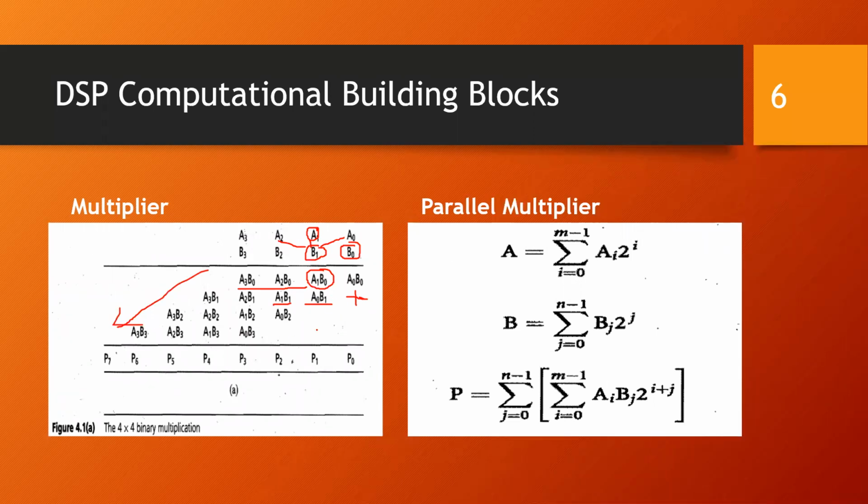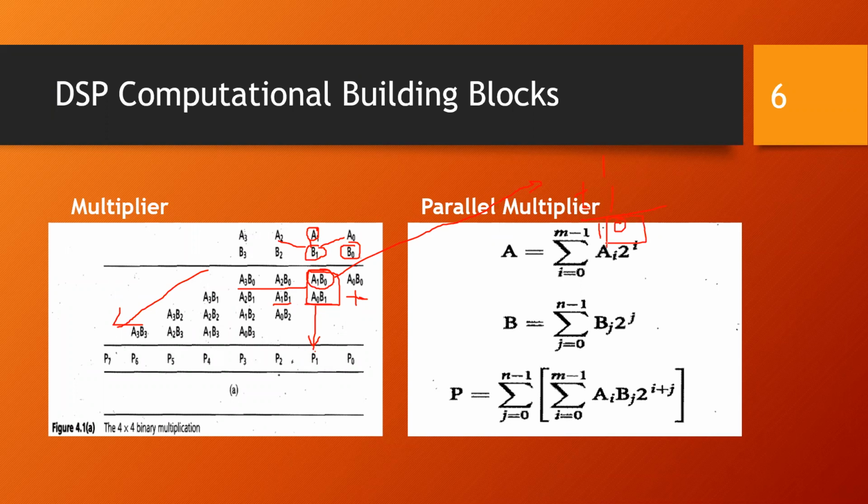Now here you can see that if I want P1, what happens is I should add these two numbers. When I'm adding these two numbers, one possibility is, suppose it is a binary number, I want to add 1 plus 1. So what is the result? The result is 1, 0.